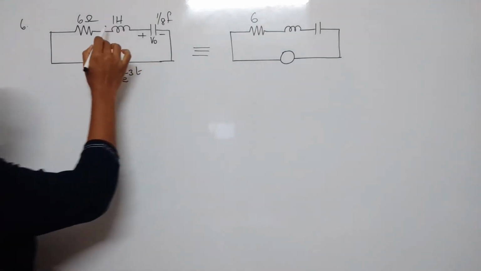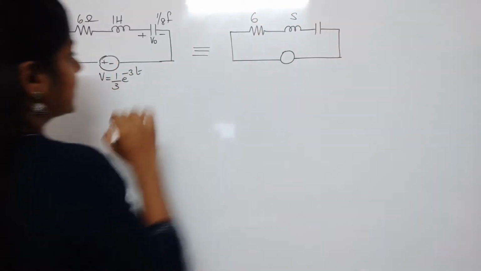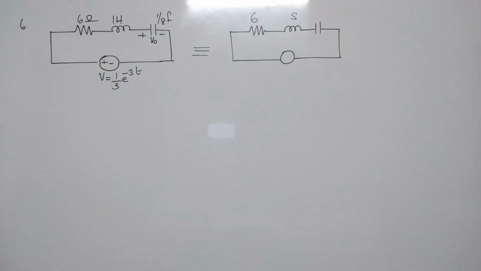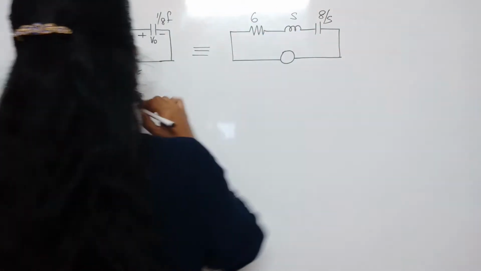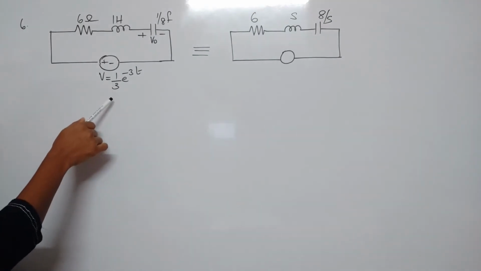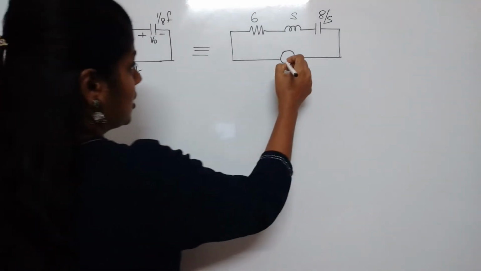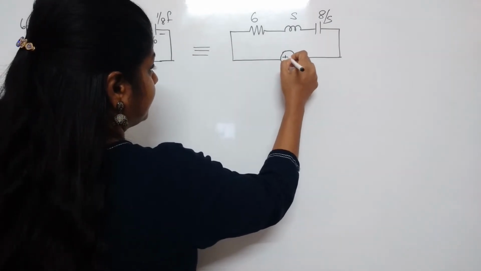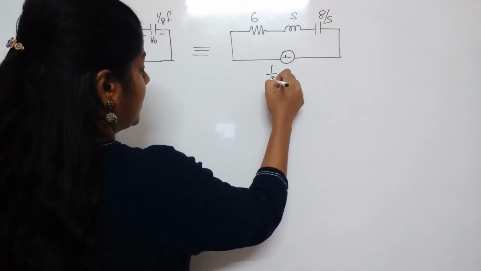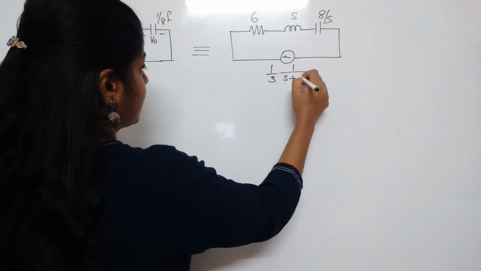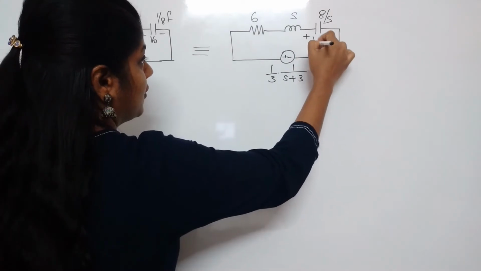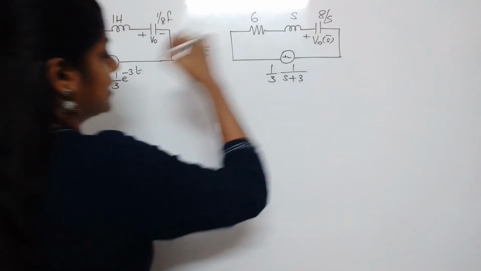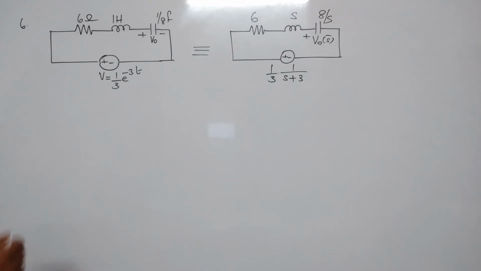Inductor value is 1, so it will be S. Then capacitor 1 by 8 farad should be written as 1 by CS, so it will be 8 by S. The input is 1 by 3 e raised to minus 3t, so this will be 1 by 3 into 1 by S plus 3, and this voltage is V naught of S.